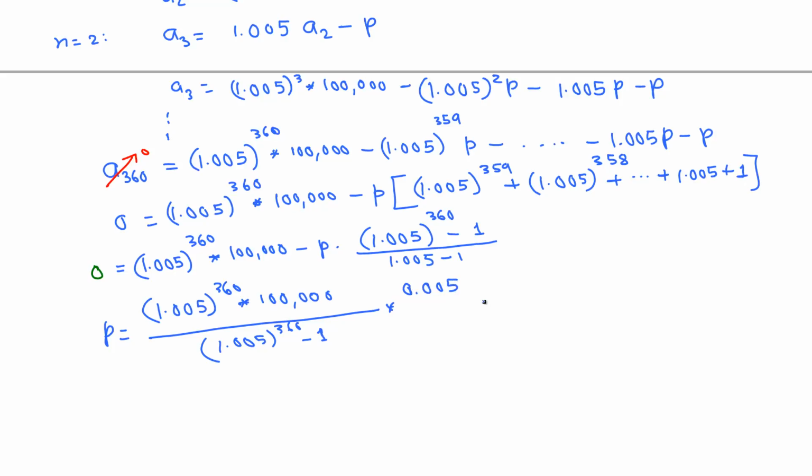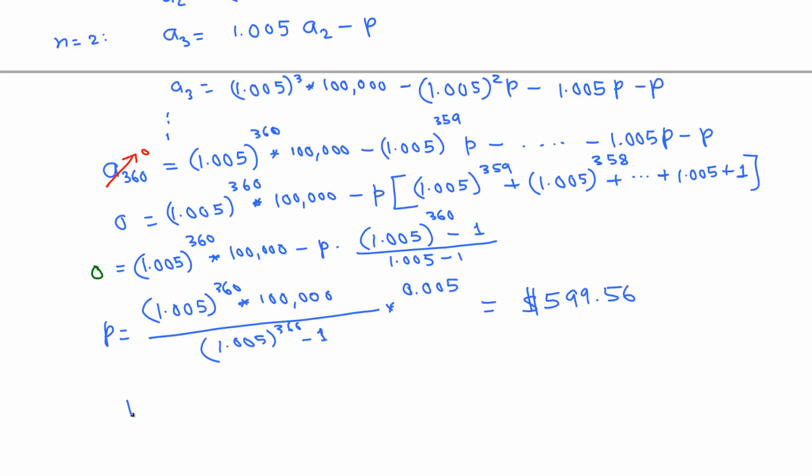Use your calculator, and that gives you 599.56. Your parents need to make $599.56 of monthly payment.